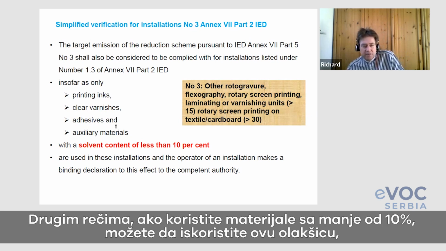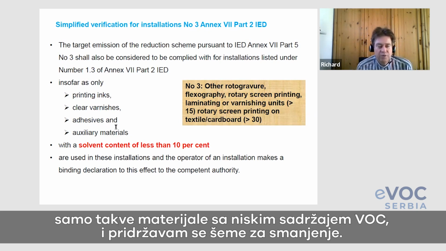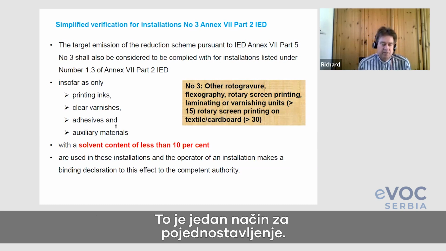So in other words, if you use materials with less than 10%, you can just use this simplified verification. That means you write to the authority and say, I confirm that I am only using such low VOC-containing materials, and I comply with the reduction scheme. So that is one way for simplification.